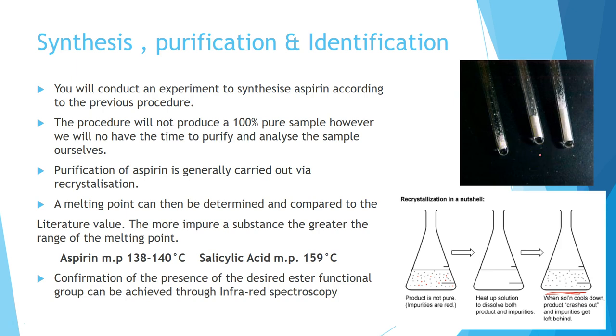The wider the range, so how many degrees it melts over, gives us an idea of the purity. The sharper the range, the less likely it is to contain impurities, and then we can compare the melting point of our crude product to the known melting point of aspirin.